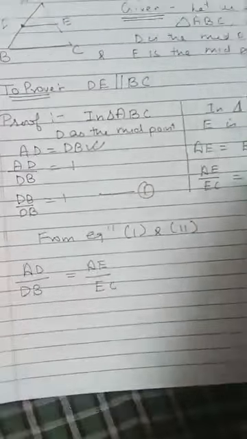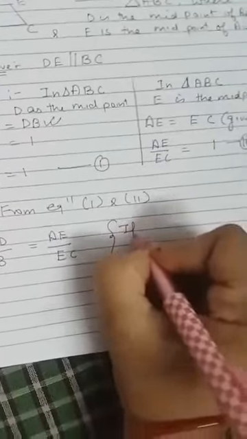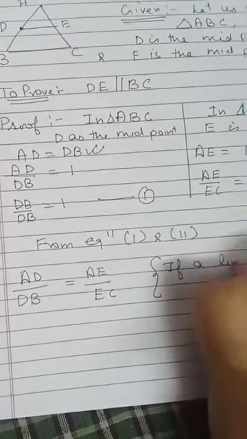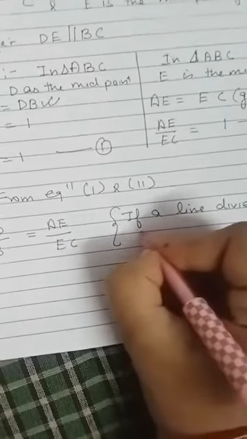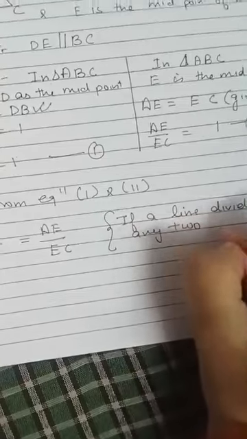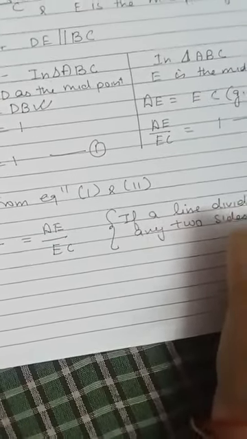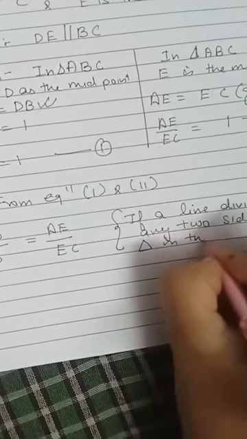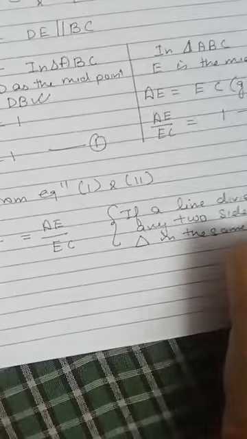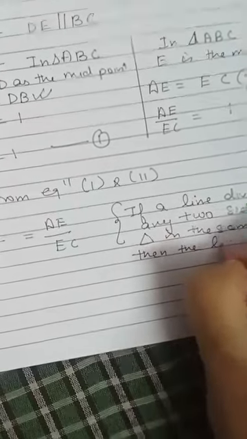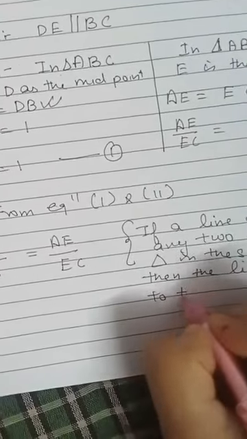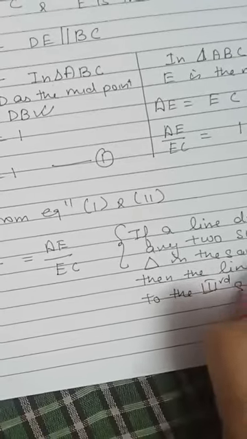Because if a line divides any two sides of a triangle in the same ratio, then the line is parallel to the third side. We can write this here as the reason.